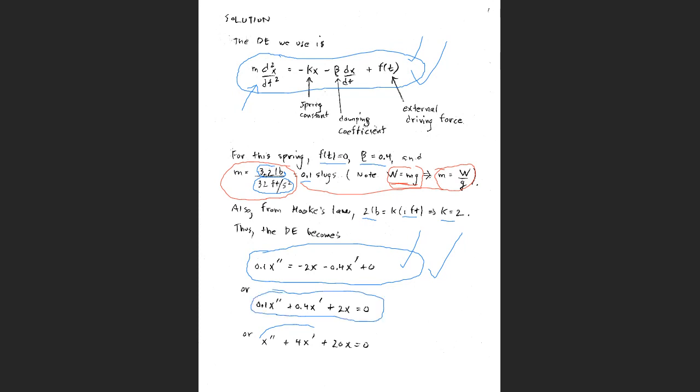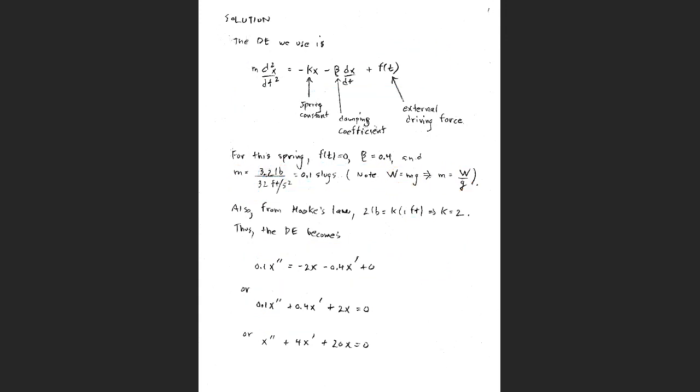But then, to make my life a little easier, I'm going to divide through by 1/10, and that's going to get me this differential equation where I have a coefficient of 1 in front of x double prime.